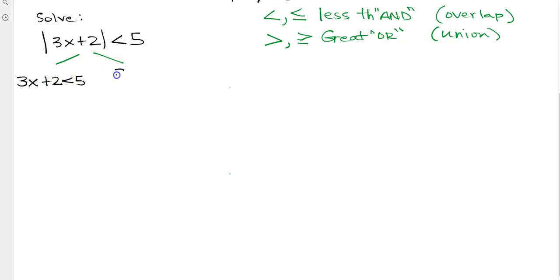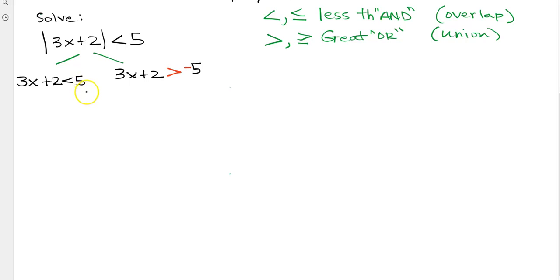And then the other one is going to be 3x plus 2, and now we need to flip that symbol. I'm going to change that to red to make sure it's clear. We're going to flip that symbol and change the sign, so instead of +5, it's now going to be -5. I'm putting that red in there to make sure it stands out that you flip the inequality and change the sign there.